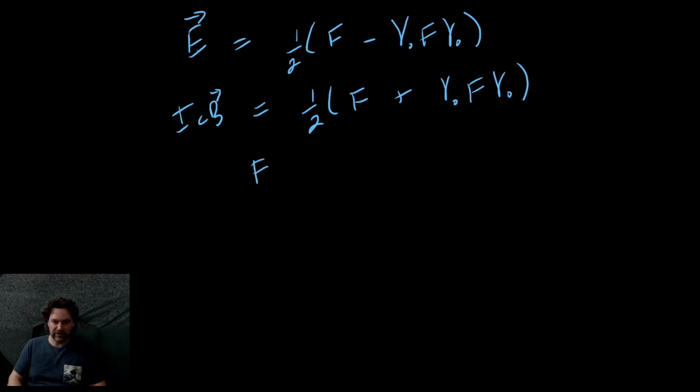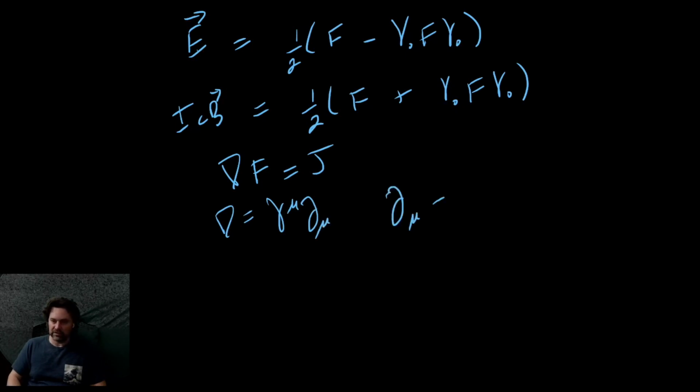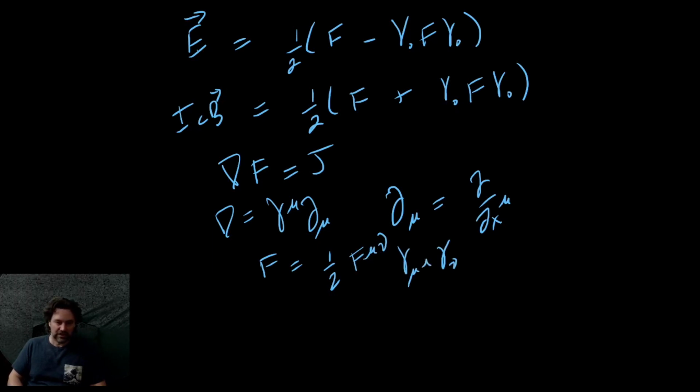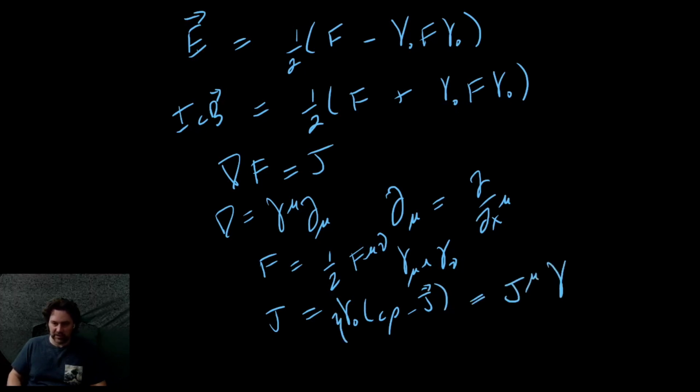So there's a summary of everything we found. We found that grad F is J, and grad is gamma mu d mu, and d mu is d dx mu, and F equals some bivector to be determined, and J is our source term, which was gamma 0 C rho minus J eta, which we are calling J mu gamma mu.